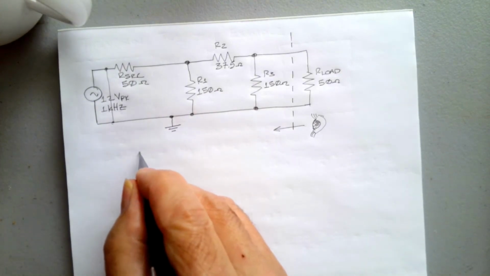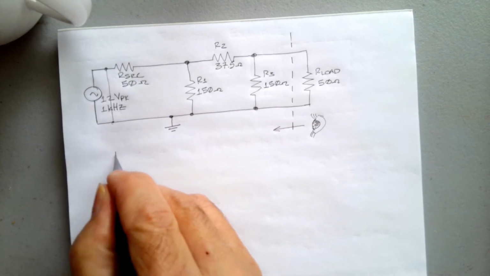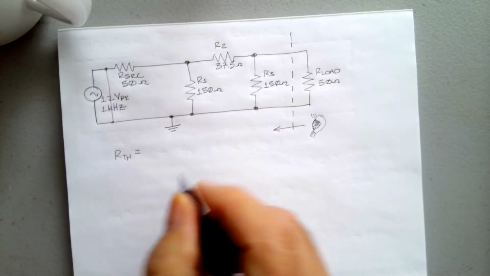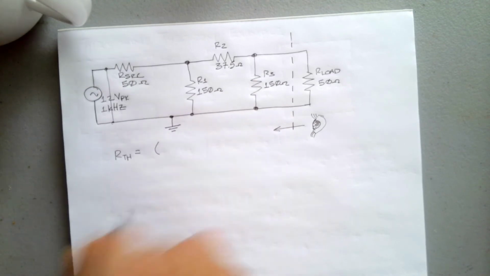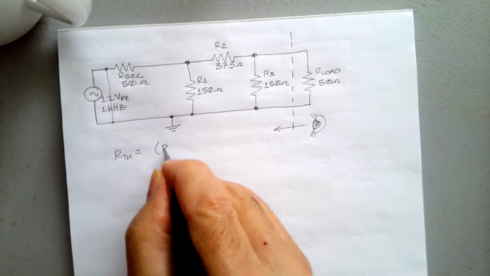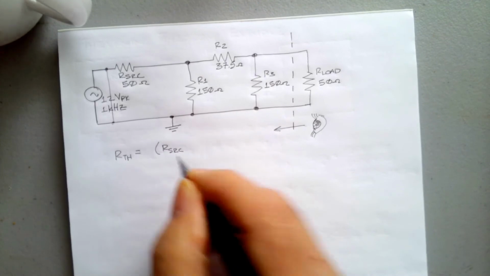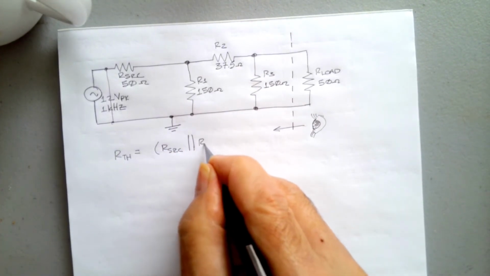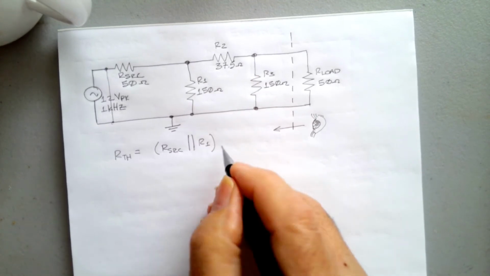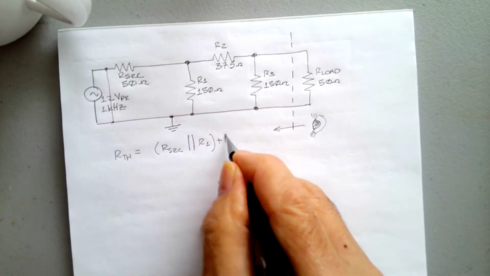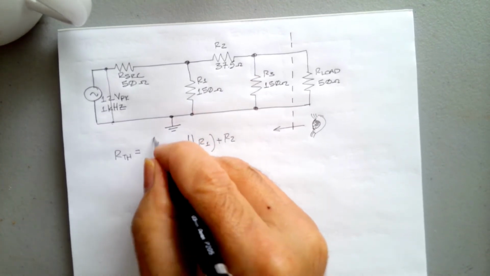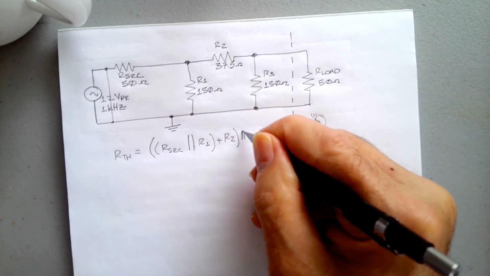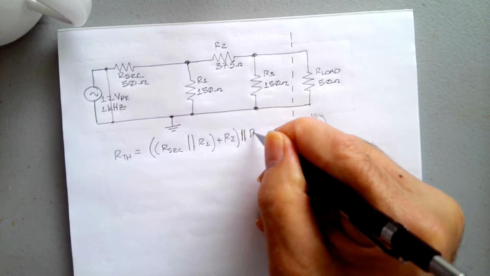So this R Thevenin, we call it, is going to equal our source in parallel with R1. That's going to be in series with R2, and all of that's going to be in parallel with R3.